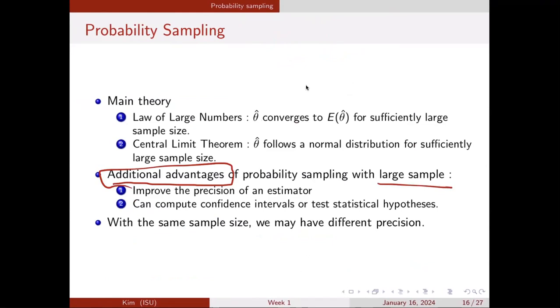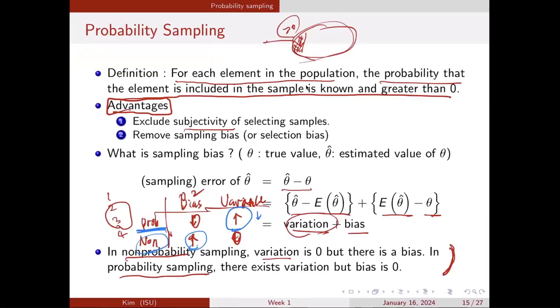Okay. So if you increase the sample size, then you can get additional advantage in addition to an original advantage. This one is a genuine advantage regardless of sample size. So bias has nothing to do with the sample size. Even if the sample size is only one, you can still get unbiased estimator, right?